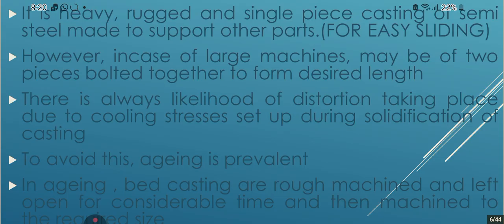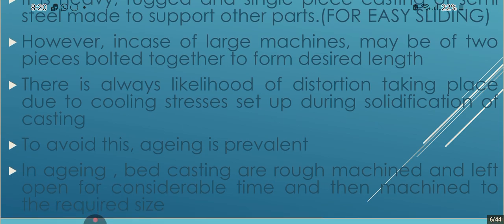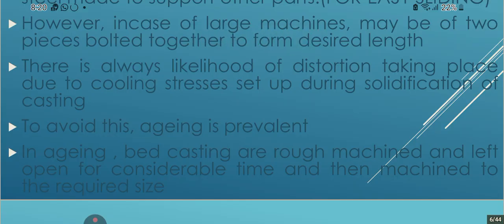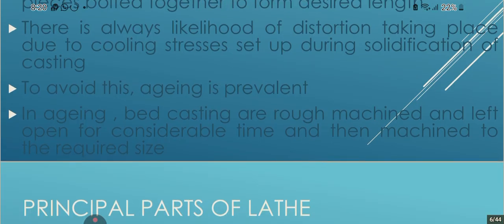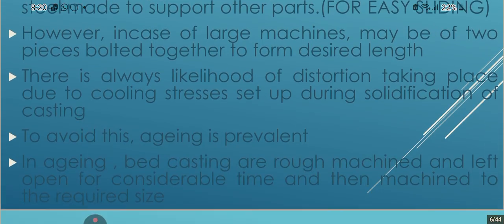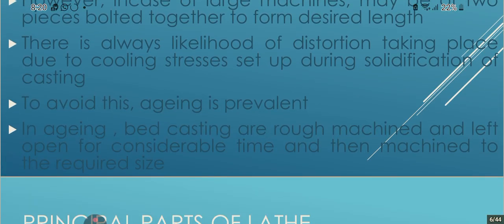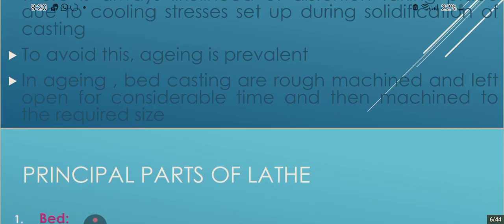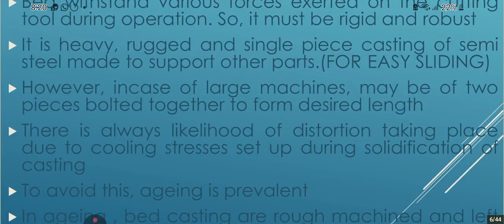The bed is made to support other parts. In case of a large machine, it may be of two pieces bolted together to form the desired length, and there's always likelihood of distortion taking place due to cooling stresses set up during solidification of the casting. This is avoided by aging: the casting is roughly machined and left open for considerable time and then machined to the required size.